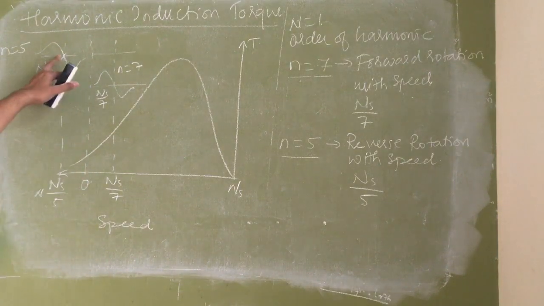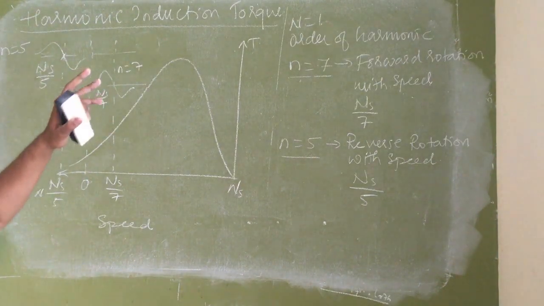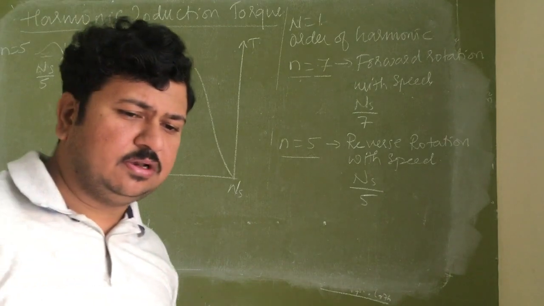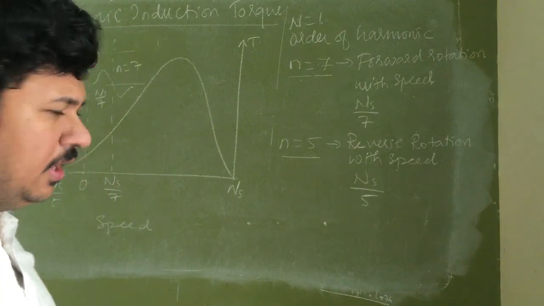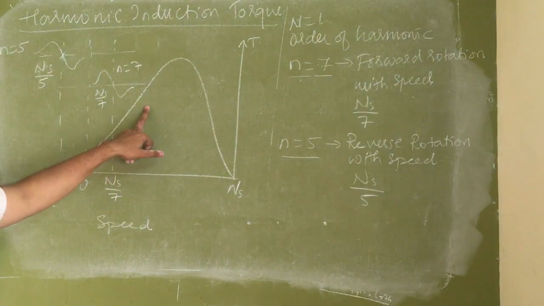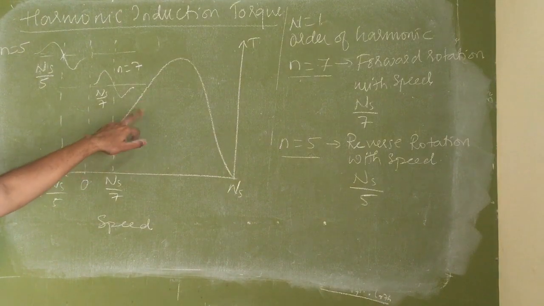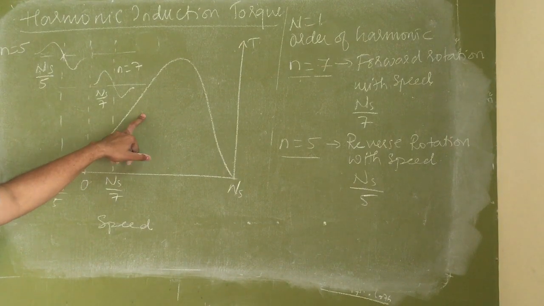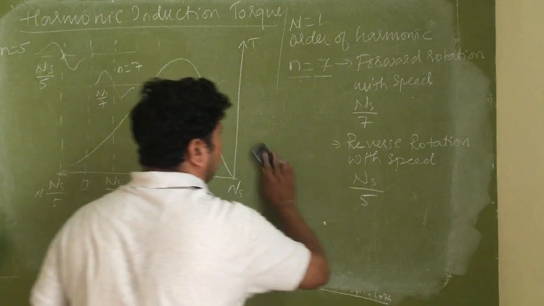Now these two torques which are created due to harmonic induction, or harmonic induction torques, will get superimposed on this expected characteristic. Now how will the characteristic be?